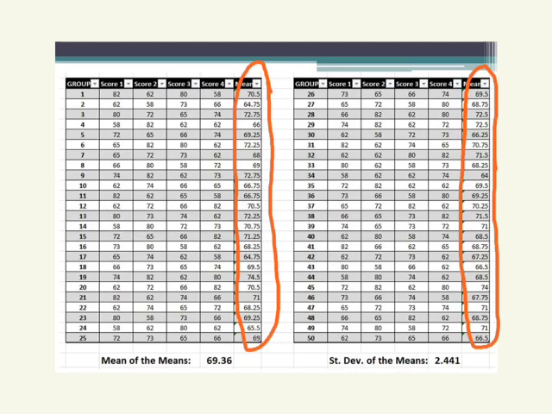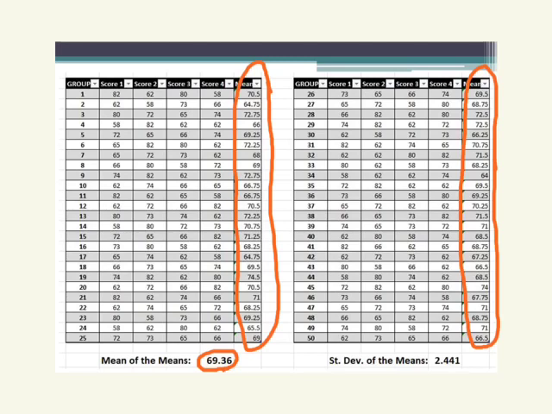Now, I've given you some statistics about these data. Again, they're not parameters down below here because we're not dealing with every possible sample of size 4. We're only dealing with 50 of the 210. So my values down here are not representing parameters, but are representing statistics.